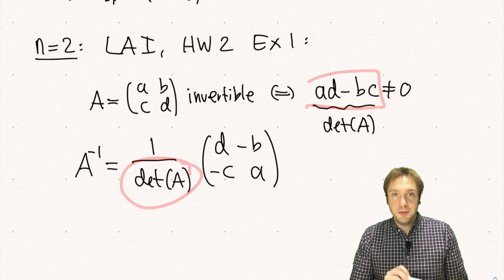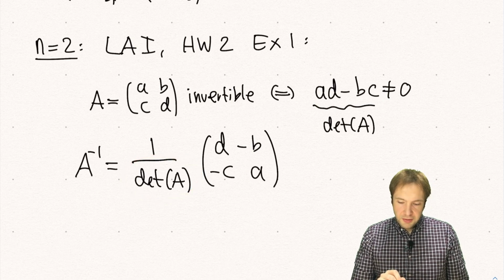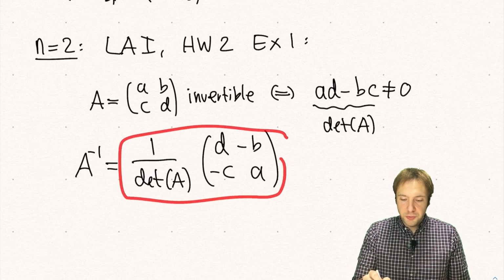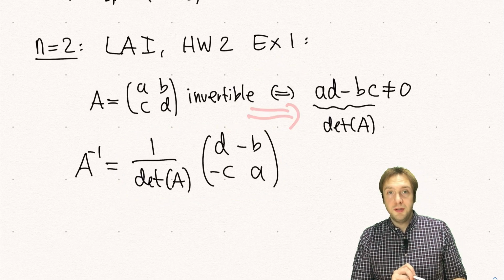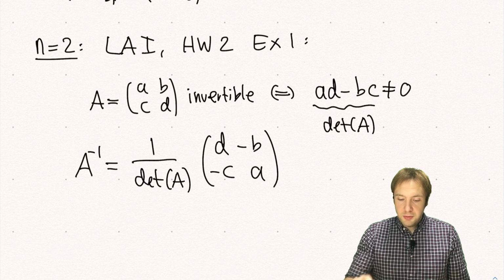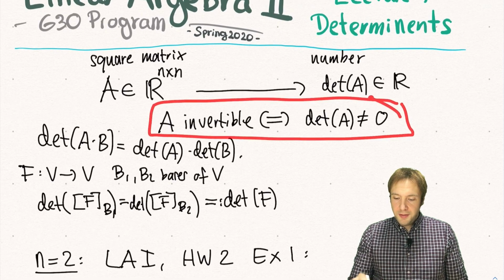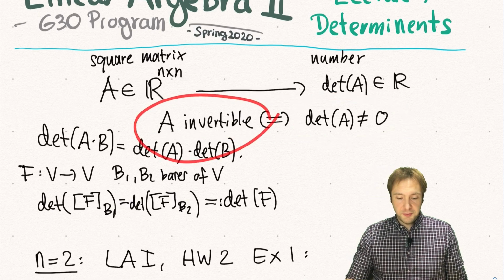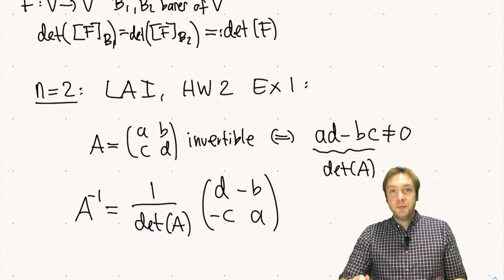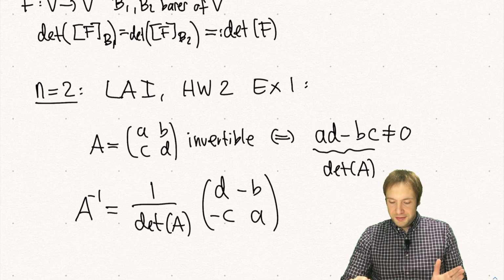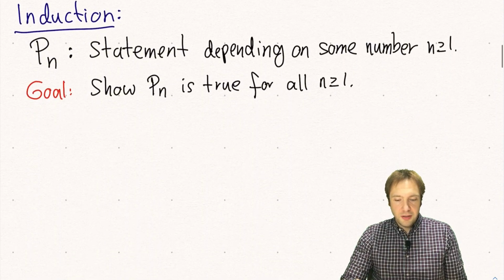So if you divide by this, you get the identity matrix. And of course this just makes sense if the determinant is non-zero. So this formula shows this direction here, but you also showed the other direction. And so this is a special case of this statement here, that if the determinant is non-zero, then this matrix is invertible.